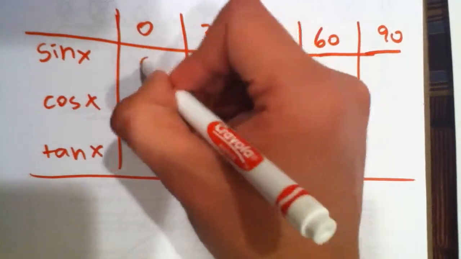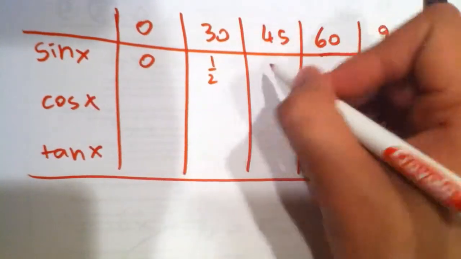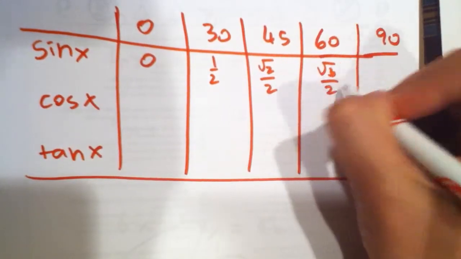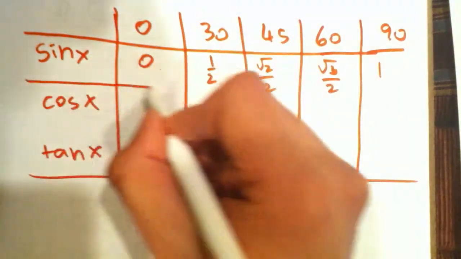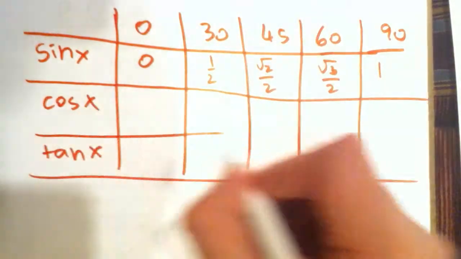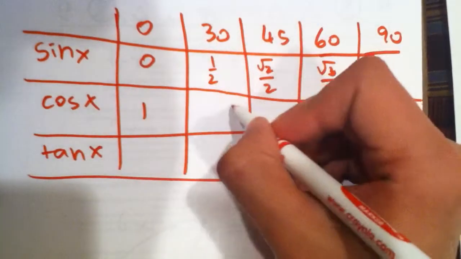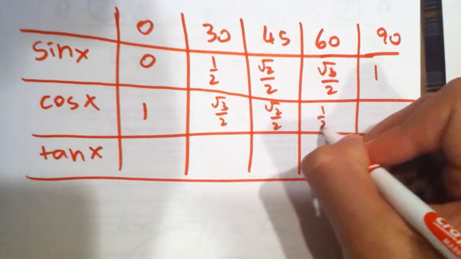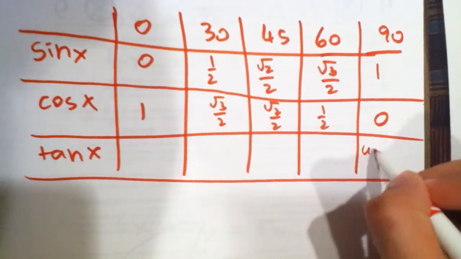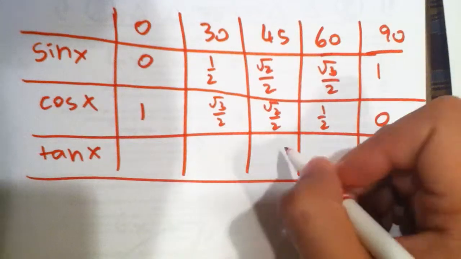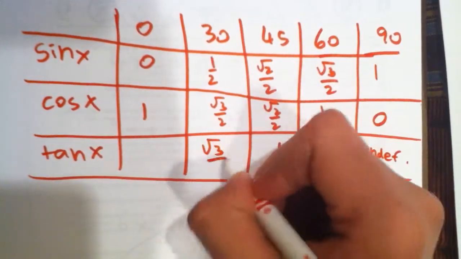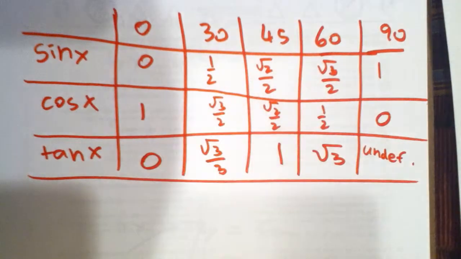And we'll use this table while we're solving the example problems that we're going to do. Square root of 3 over 3 and 0.